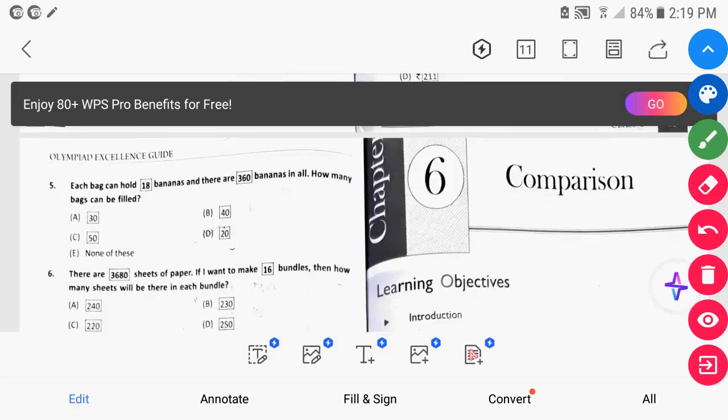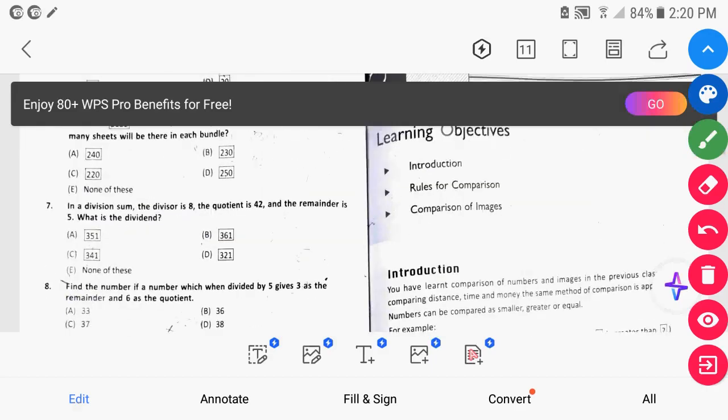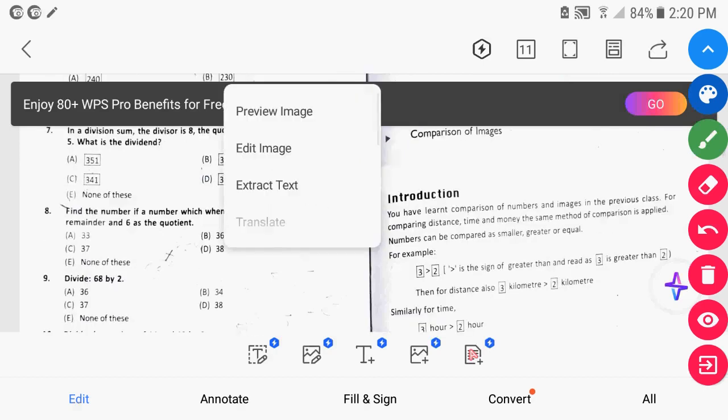While talking about numbers, we can compare two numbers to see which is smaller and which is larger.